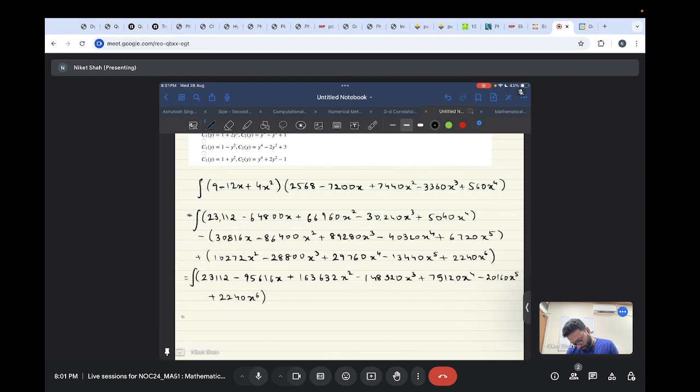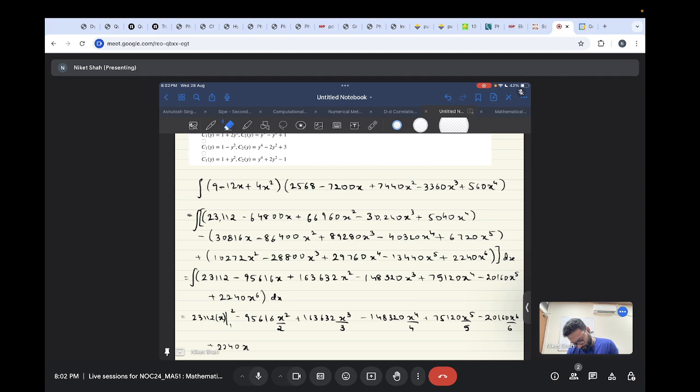So this is equal to 23112 x minus 95616 x squared by 2 plus 163632 x cubed by 3 minus 148320 x power 4 by 4 plus 75120 x power 5 by 5 minus 20160 x power 6 by 6 plus 2240 x power 7 by 7.